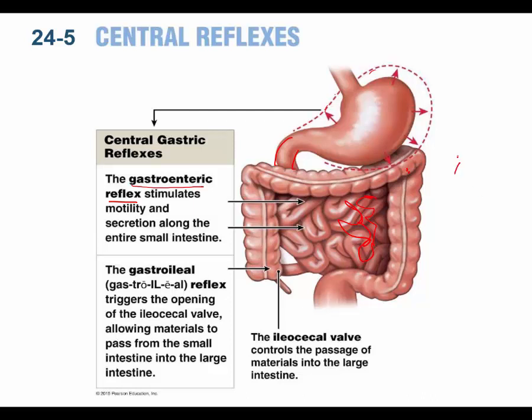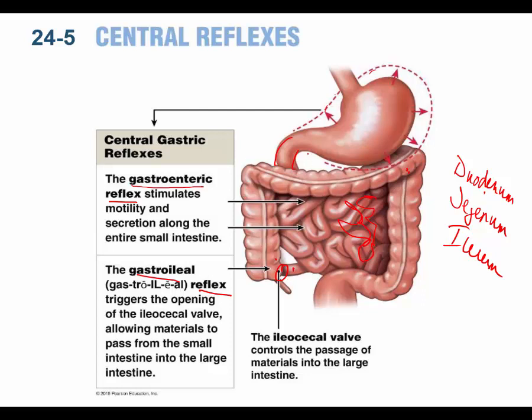It goes duodenum, jejunum, ileum. Anyway, you're moving food from the duodenum into the jejunum, from the jejunum into the ileum. Well, if you do this, you better open this ileocecal valve right here. The ileocecal valve is the valve between the ileum and the cecum. The cecum is the first part of the large intestine. No problem. When we do the gastroenteric reflex and move the food along, we also do the gastroileal reflex and we open that valve.